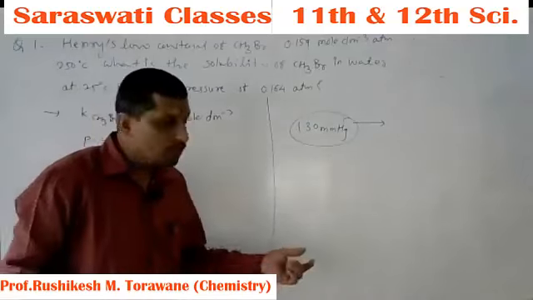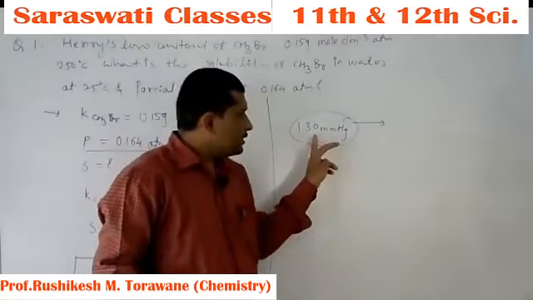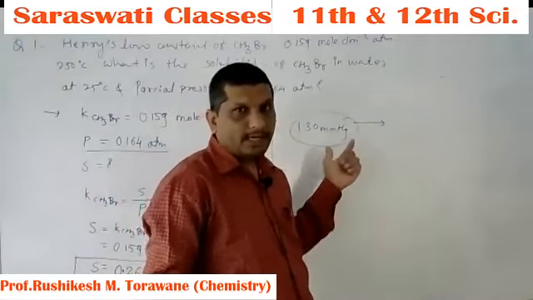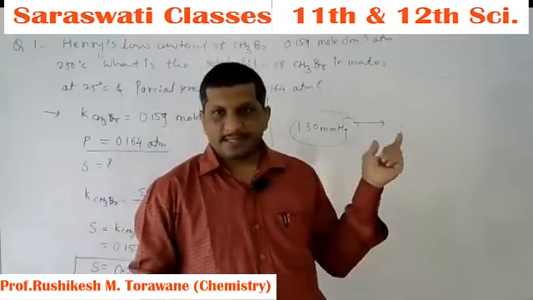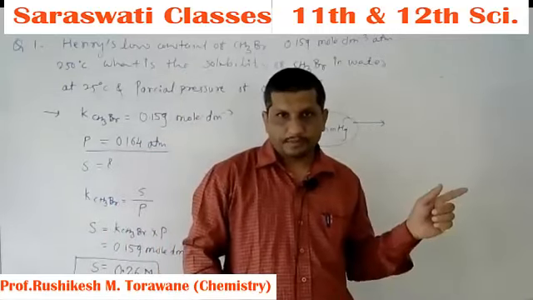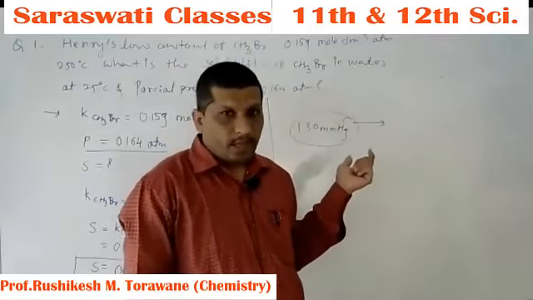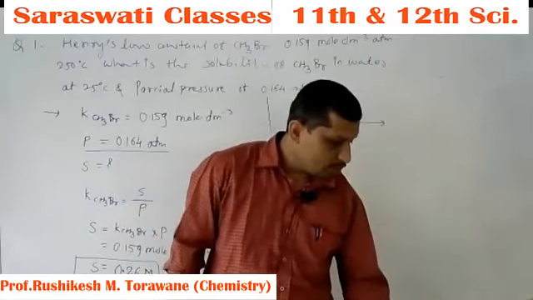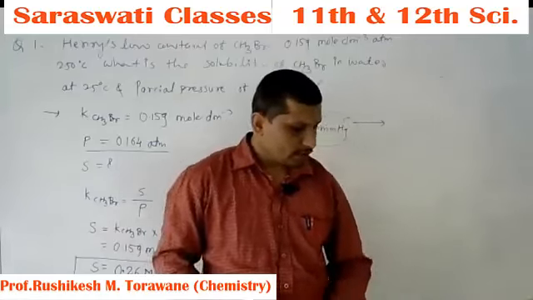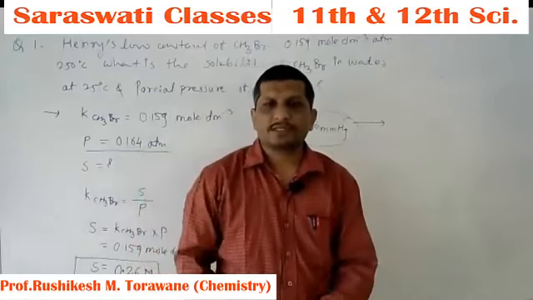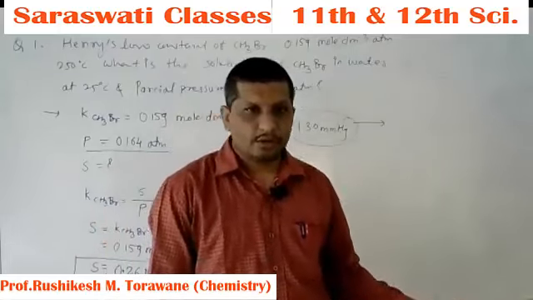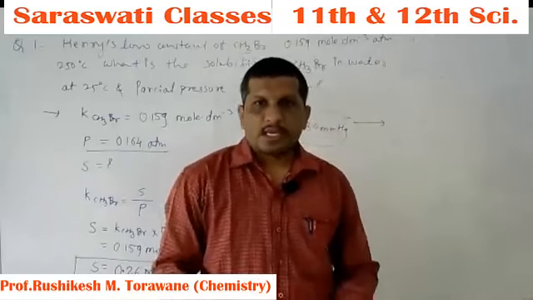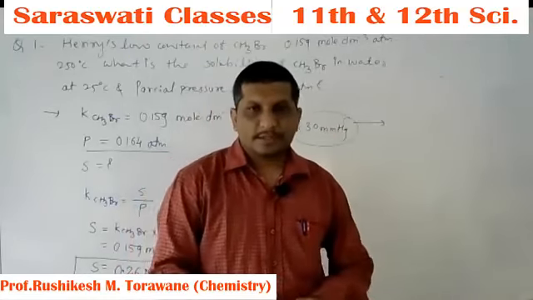It is already solved in your book. Only this point is discussed there. 130 mm Hg converted to bar: multiply by 1 upon 760 mm Hg and you get the amount of 0.71 atmosphere, and this 0.71 atmosphere is multiplied by 1.03 bar per atmosphere. In this way, this one example is sufficient.